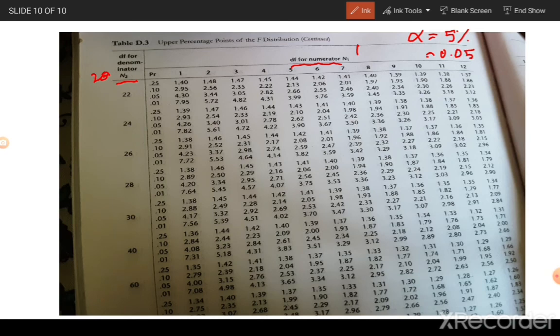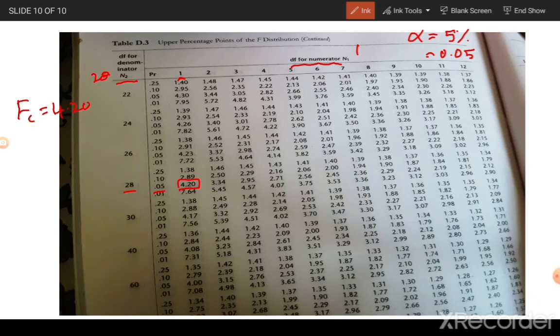So this is the section that I'm interested in, numerator 1 and denominator 28. And what is my probability alpha? 0.05. So 4.20 is the critical value. My critical value is 4.20.